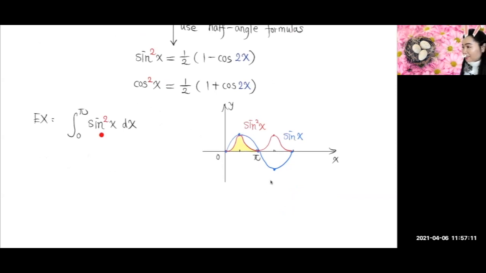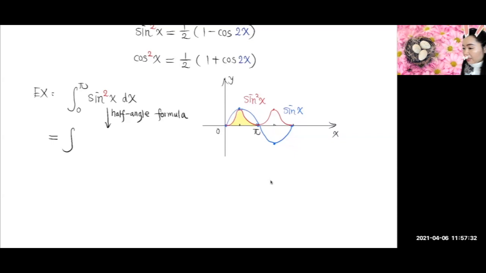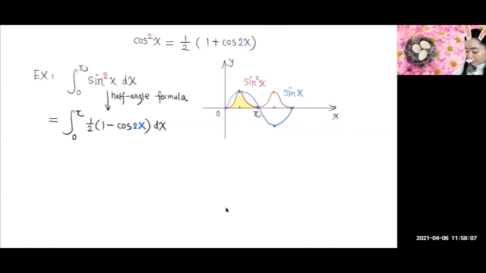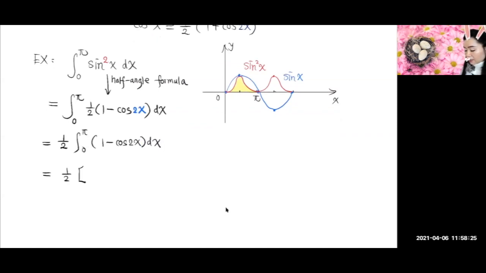Now let's do this one as an example. We use a half angle formula here, and this part is going to become this. Now we can find the antiderivative. But first, let's take out this constant multiple 1/2 in front. Now let's find the antiderivative term by term. What's the antiderivative of 1? x.